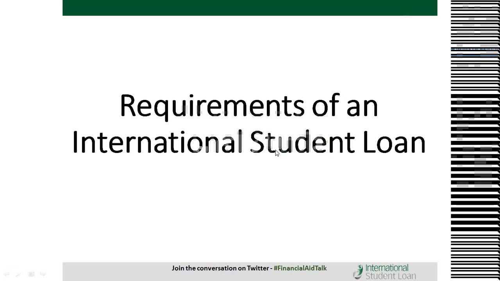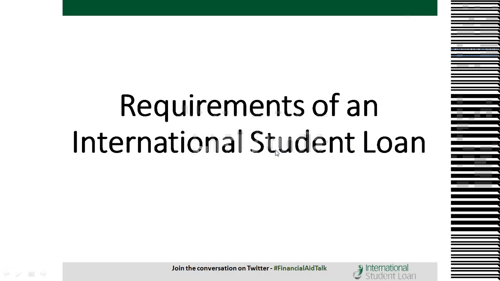That actually brings me to the next question. I have a U.S. cosigner, but they do not have good credit. Can I still apply? When you apply for an international student loan, you put the cosigner information on there, and they do a credit report and a credit check. So it's always a good idea, if you're not completely sure, to apply for the loan. They'll come back to you, let you know whether you've been approved or not, and provide you with the terms and conditions.